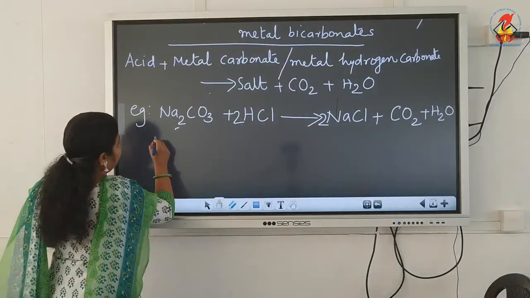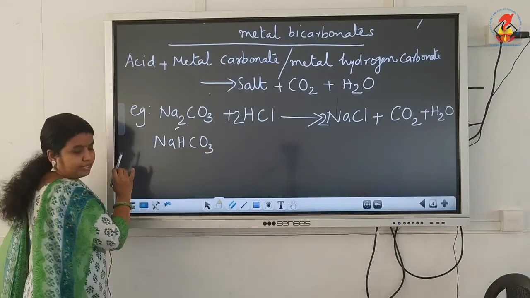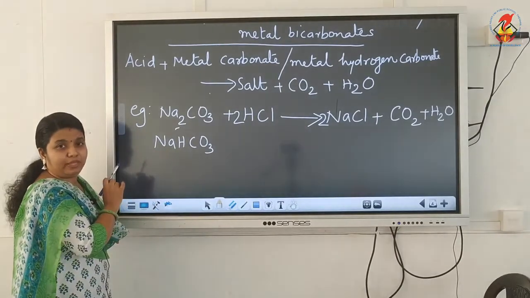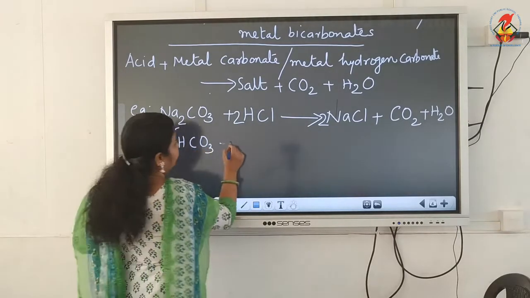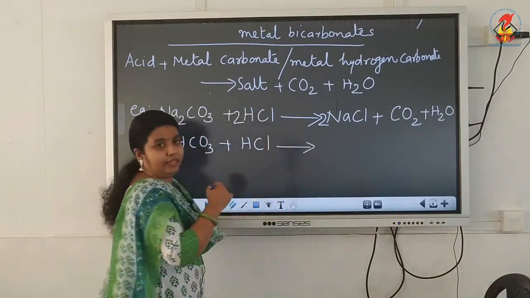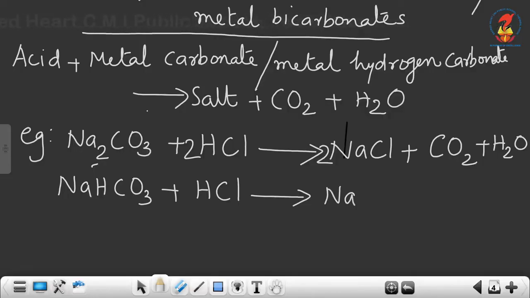Now, with the same metal, hydrogen carbonate, we will write the equation. The metal is the same, sodium. Sodium hydrogen carbonate is simply known as sodium bicarbonate. Sodium hydrogen carbonate or sodium bicarbonate reacts with the same acid, HCl, hydrochloric acid. The products are the same because the metal is sodium.